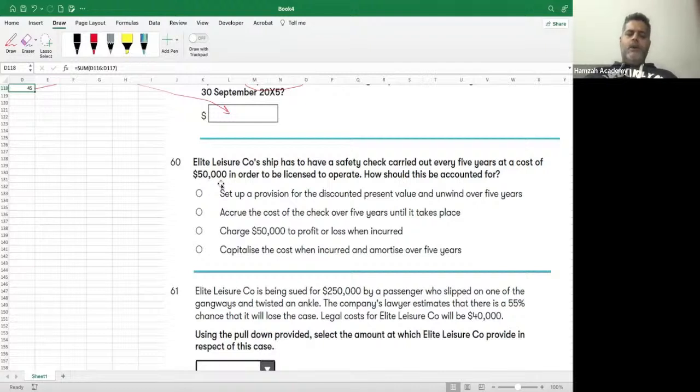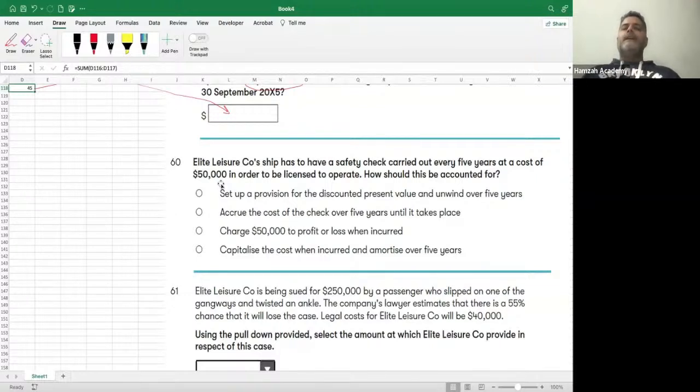Now, number one, set up a provision for the discounted present value and unwind over the 5 years. It looks very attractive over here, but tell me one thing. This cost, which we have to incur, in order to record it as a provision, there is one basic criterion that we have to meet, because a provision is a liability of uncertain timing and amount.